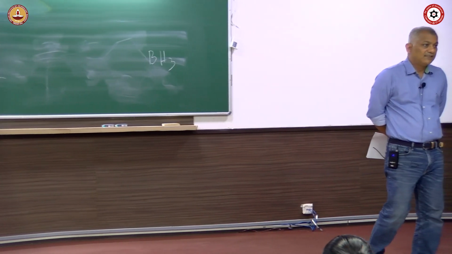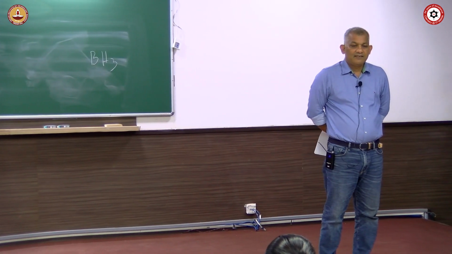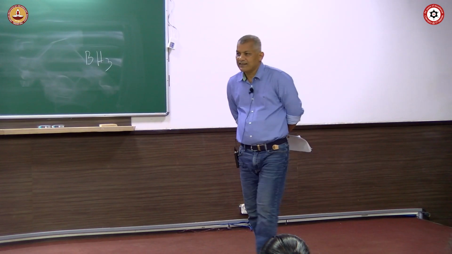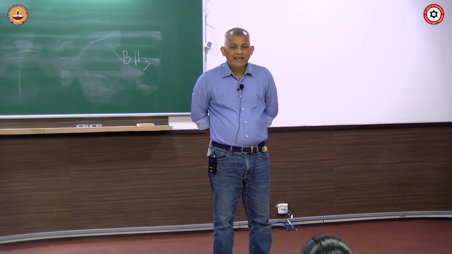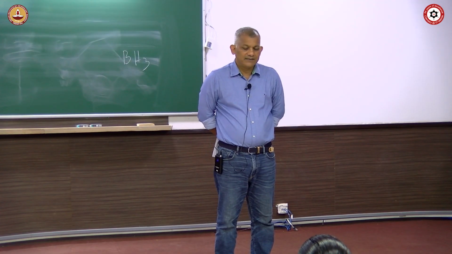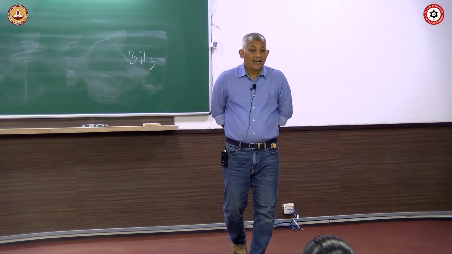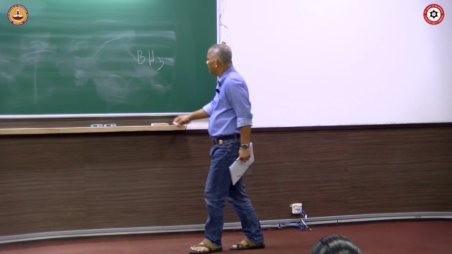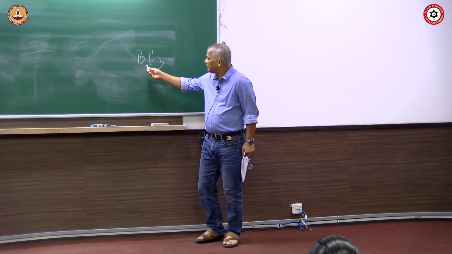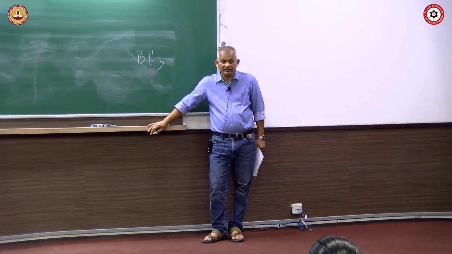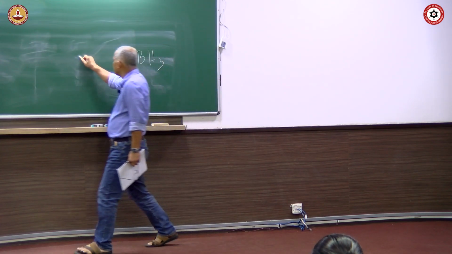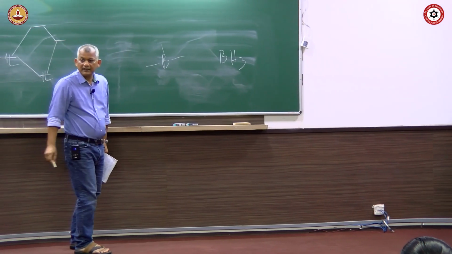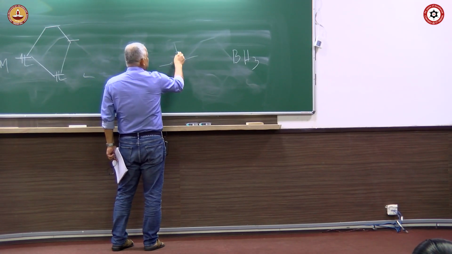Have you seen borane? Never. Borane is highly inflammable. No one has seen borane, but you can isolate it. So what is the electron count of boron? The electron count of boron is 3. So you have 3 electrons.